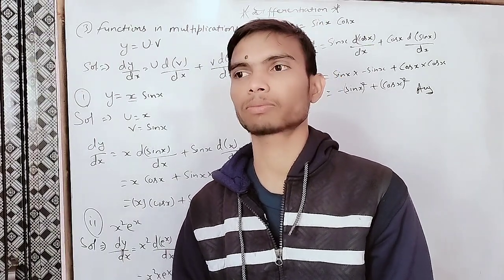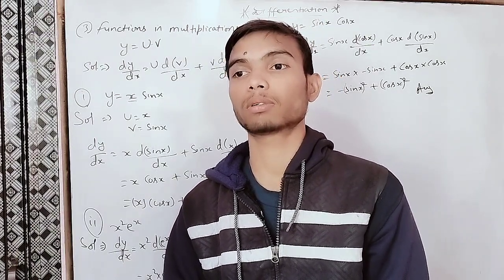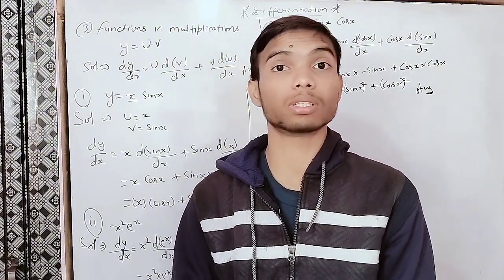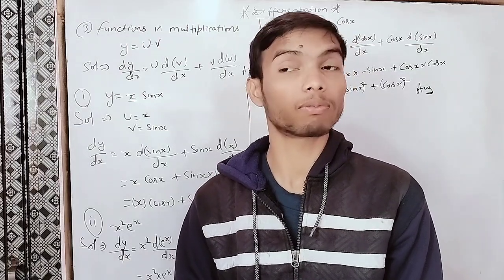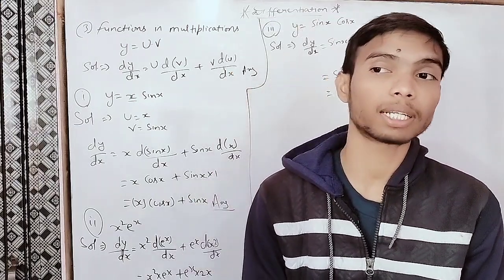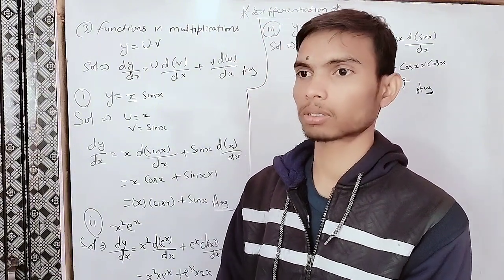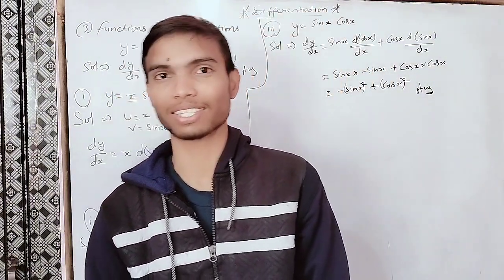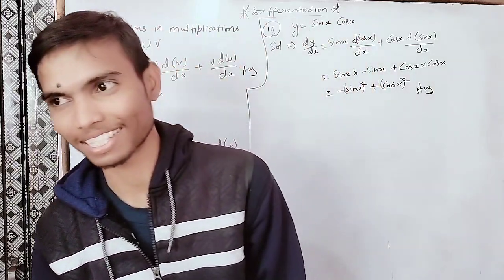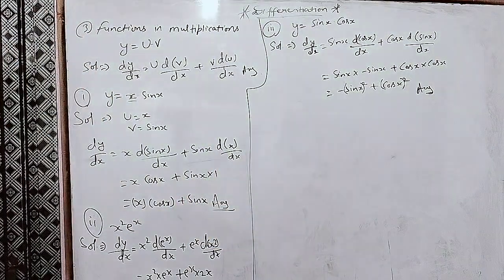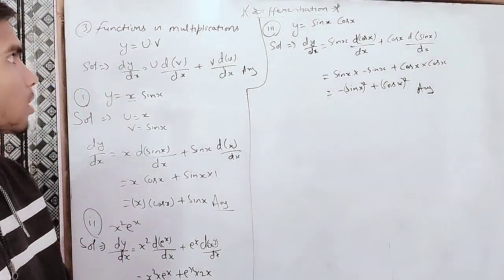This is a different rule. Numbers in single form without any functions would be written as a constant. Then we saw addition and differences of functions, which was very interesting. Now we are continuing with functions of multiplication.